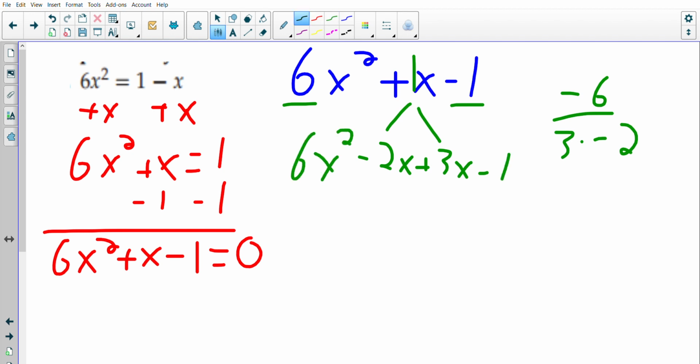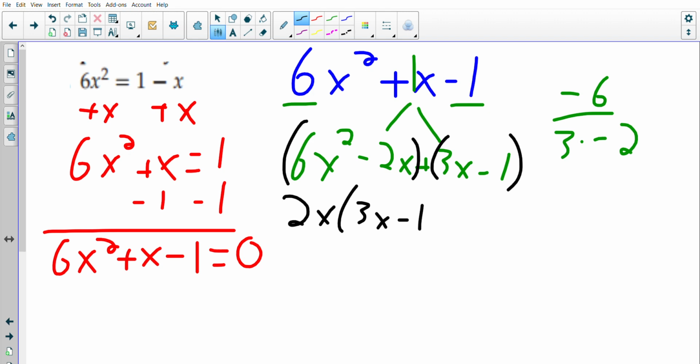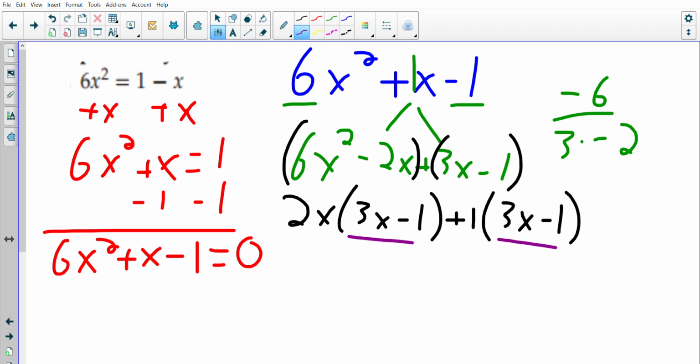Now I can use my grouping method. In the front group, 6x squared minus 2x, I can take out a 2x, and all I'm left with is 3x minus 1. In the second one, there's nothing I can take out, but if there's nothing you can take out, take out a 1, because 1 doesn't change it. And like we normally get, we get that common factor in the middle.